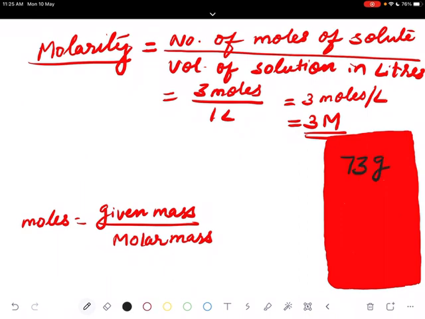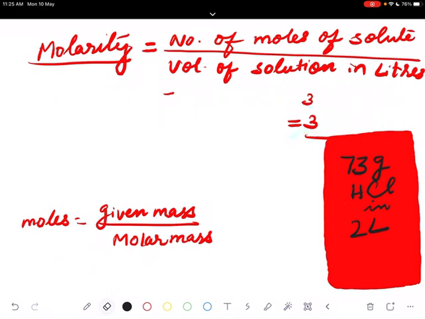73 gram of HCl in 2 liters. What is the molarity of this solution? Let's calculate. Moles: how many moles? Given mass by molar mass, 73 grams upon the molar mass of HCl.